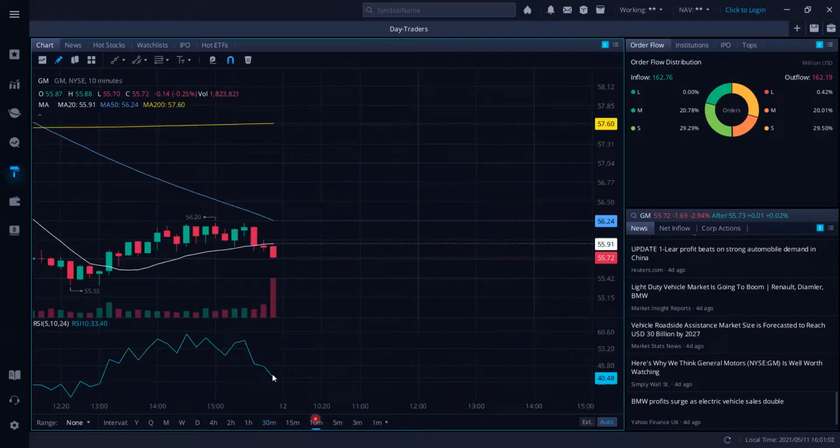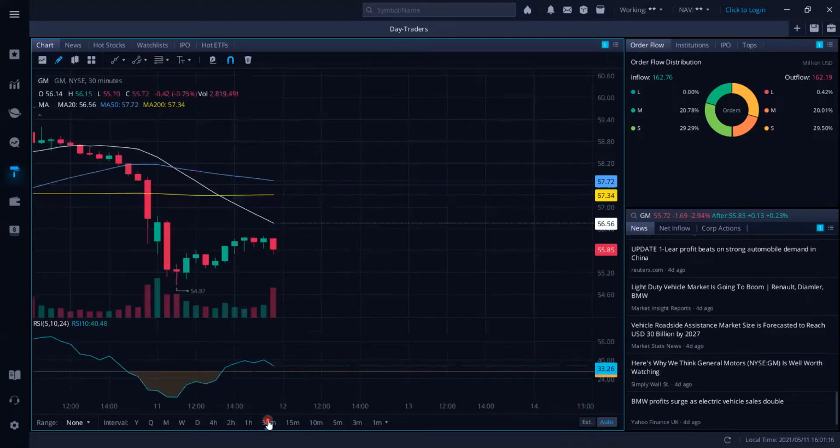Let's go with the 10-minute chart. The 10-minute chart was really just a $1 move. Isn't that crazy? Just about a $1 move in the stock, whereas on the 30-minute chart, that very same move was about a $5 move.